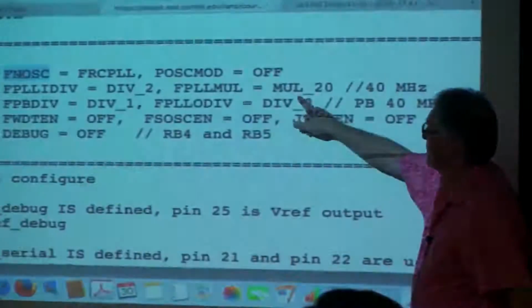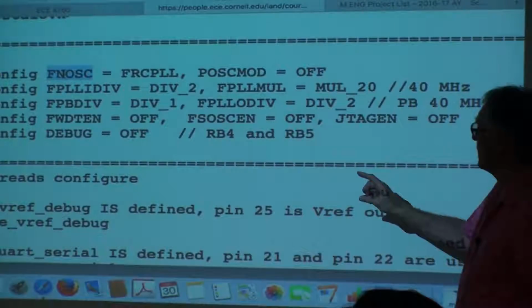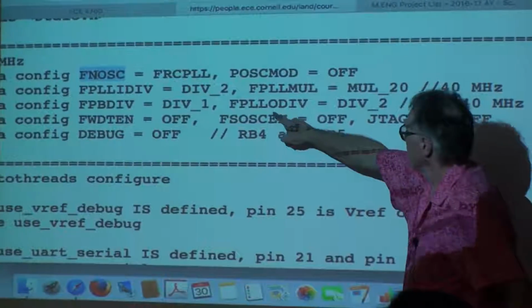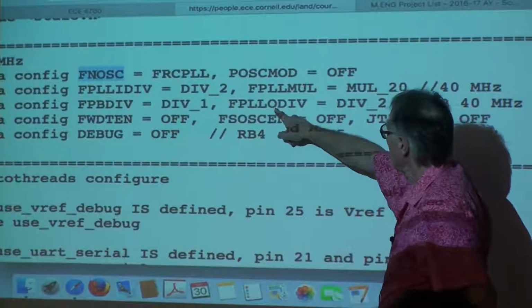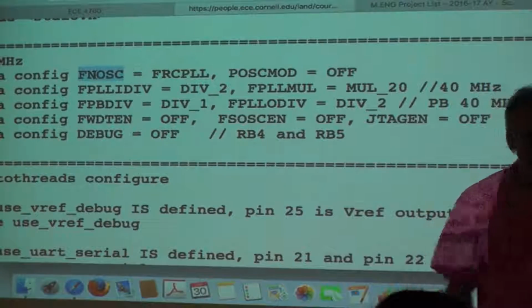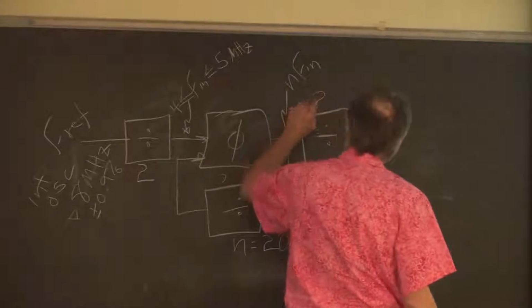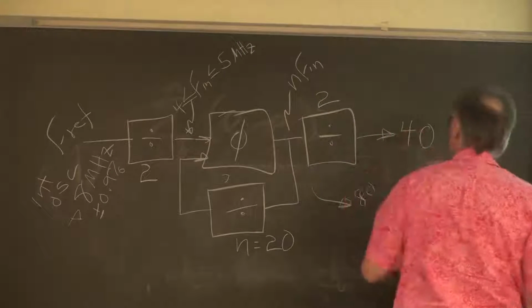So what we then need to do is to divide the output. The phase lock loop output divider is set to divide by 2. So we divide this by 2 again, and we get 40 megahertz here.